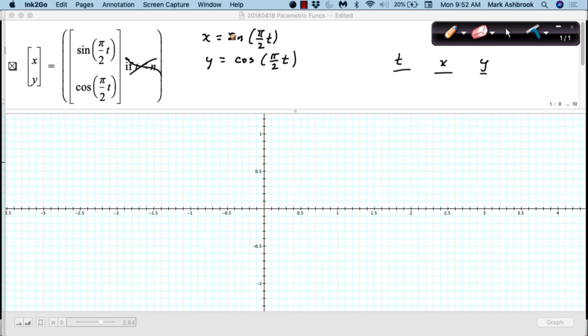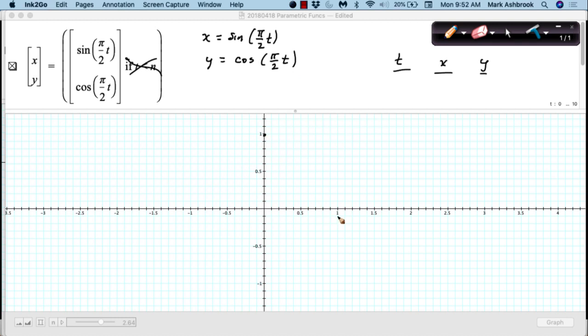X is going to go from 0 to 1, because sine goes from sine of 0 to sine of pi over 2. So x will go from 0 to 1. And y will do what as t goes from 0 to 1? 1 to 0. So y will start at 1, x will start at 0, and then we'll end up at 1, 0, right? X will go from 0 to 1, y goes from 1 down to 0.